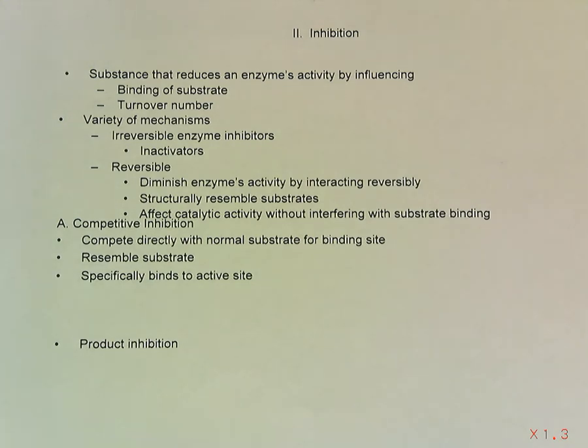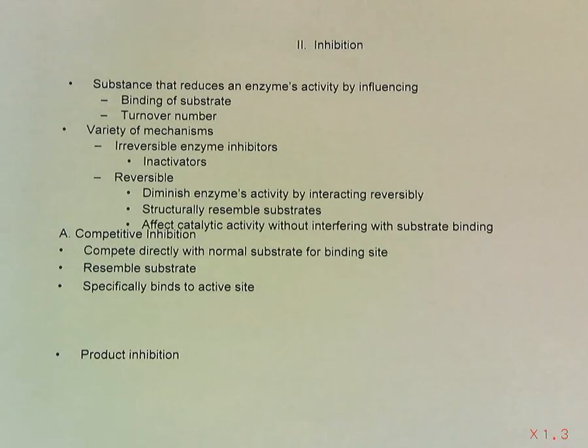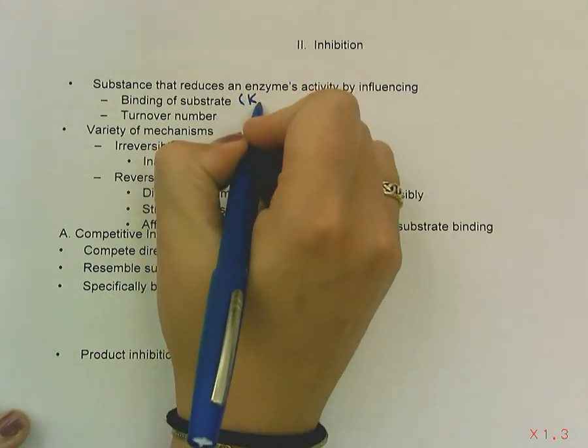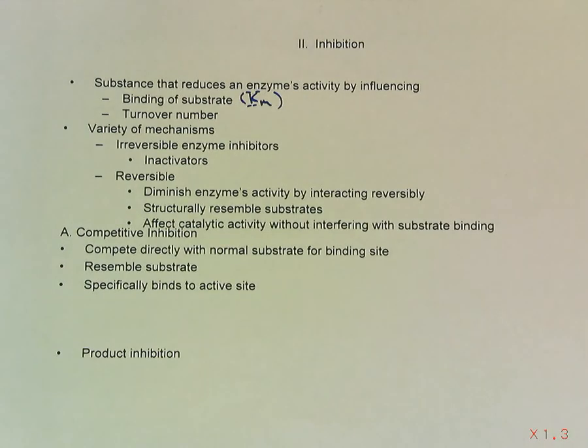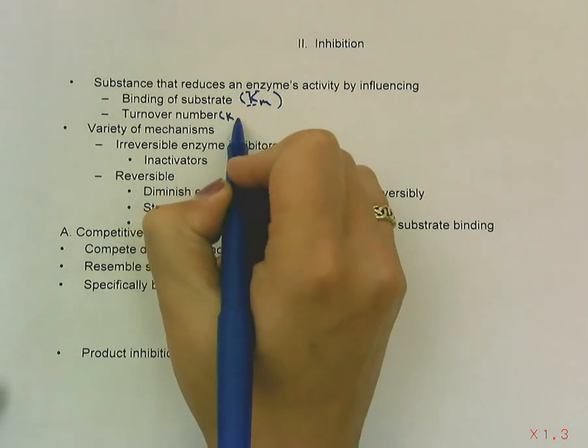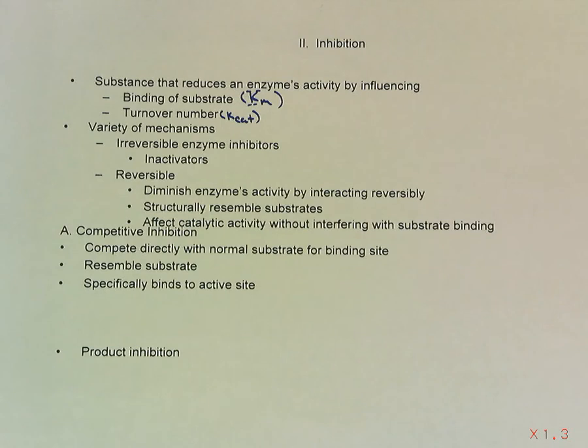First, it's going to reduce the binding of the substrate, which we can calculate by looking at the Km of that enzyme. And the inhibitor can also reduce an enzyme's activity by influencing the turnover number, which is kcat. So to see if we have an inhibitor in our solution, we examine Km and kcat and see if those are being influenced. Inhibitors can work through a variety of mechanisms.